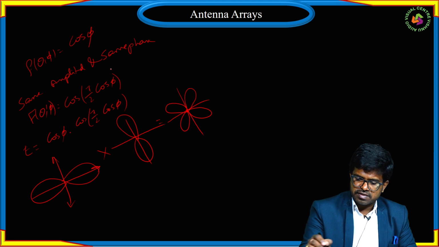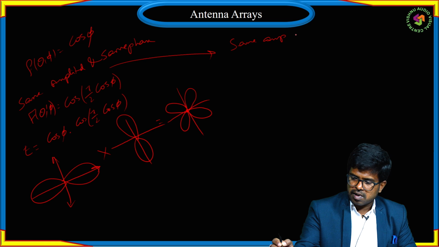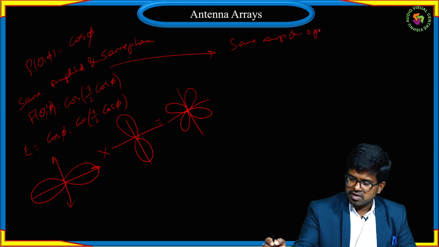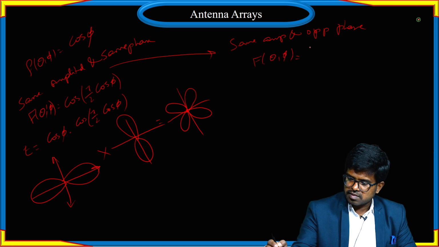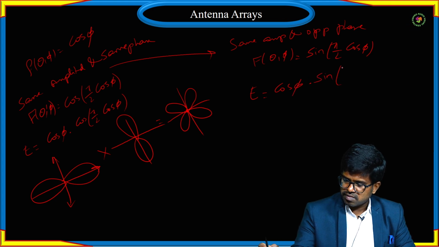Okay, instead of this, if you take same amplitude and opposite phase, then f of theta comma pi is sine of psi by 2 cos pi, and your resultant field pattern will be cos pi into sine of psi by 2 cos pi. Then you will get the field pattern like this.